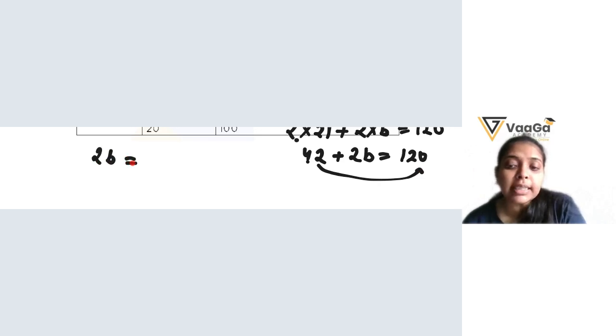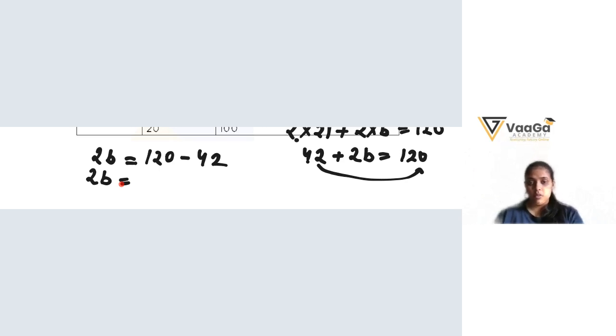So this becomes 2b is equal to 120 minus 42. What is 120 minus 42?